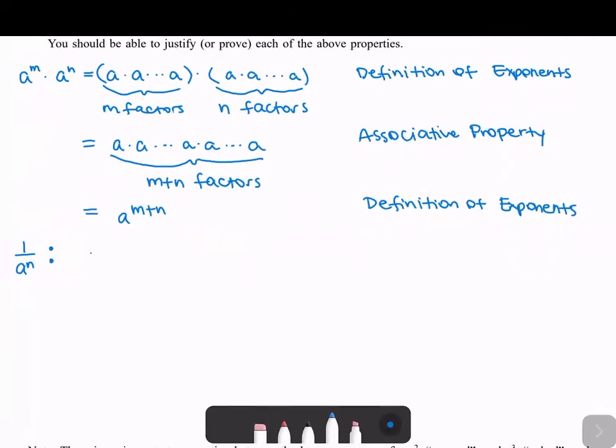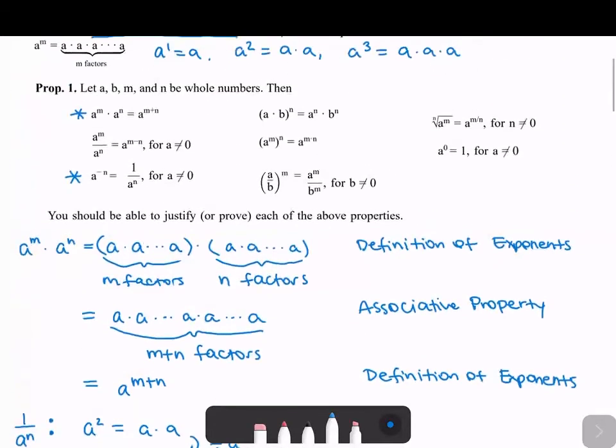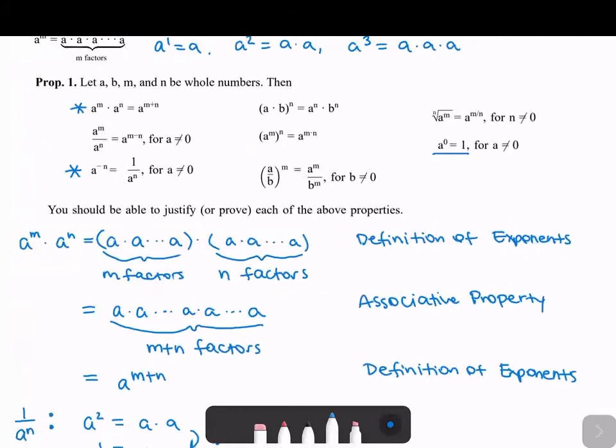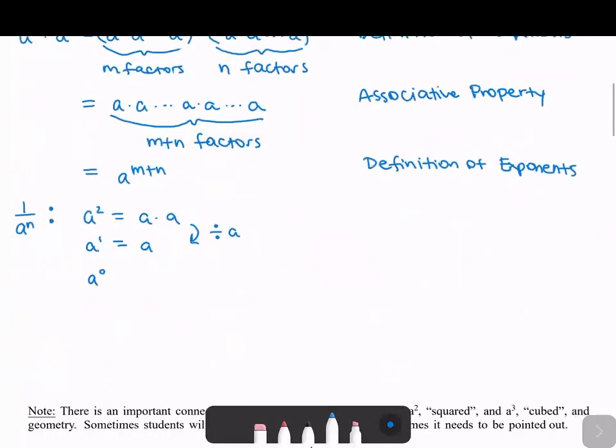Okay, so if we look at a squared, this is a times a. If we look at a to the first, this is a. So how did we get from here to here? Well, we divided by a, and then it's a to the 0. So this is one of our properties, that a to the 0 is 1, and we went from a to 1 again by dividing by a.